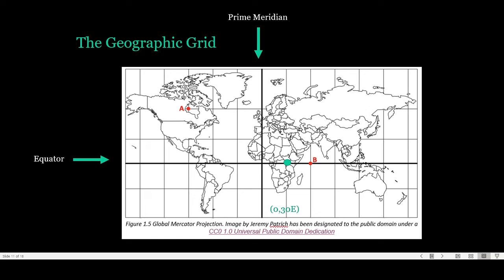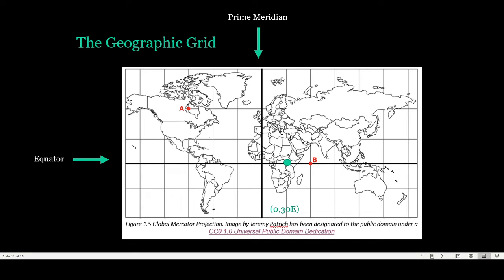So I gave an example of what are the coordinates of this circle. So I'm first going to find out the latitude and then the longitude. So the latitude is found on the equator. So that is 0 degrees. And I didn't put north or south because we know that 0 degrees is by itself.